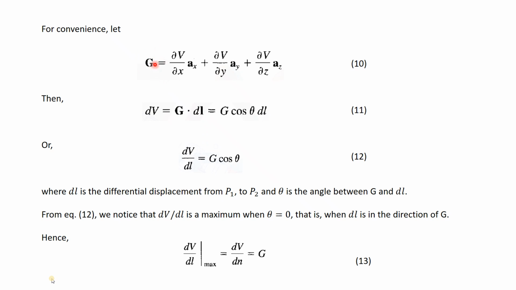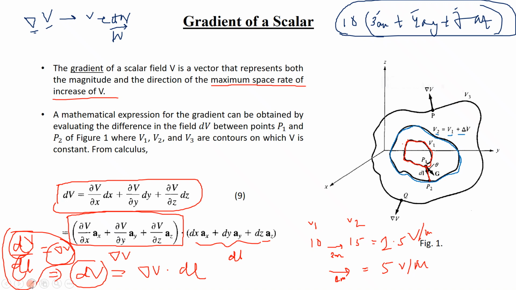So suppose g is represented like this. In place of del v we are writing g. So g is equal to del x of v unit vector x plus del y of v unit vector y, plus del z of v unit vector z.